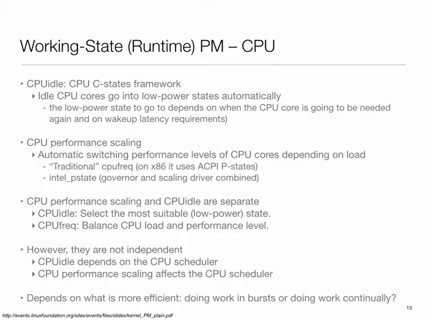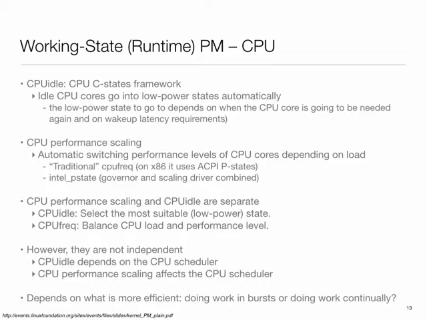And there are usually limitations on it. In some cases, you can change the voltage and frequency of each core independently. Oftentimes, all cores on a given package operate at the same frequency and voltage, but different packages, that is, different sockets, can be different. So there are constraints which come into play.